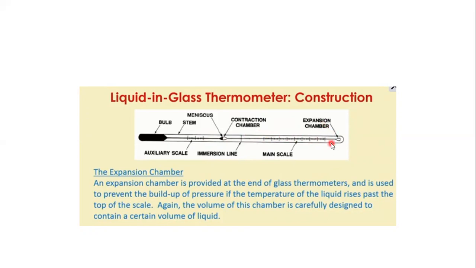When it increases up to this range, what happens? There is a tendency to break this glass tube due to higher pressure. So to prevent that build up or increase in pressure, we provide this expansion chamber. So it's a protection chamber for the thermometer from the increasing pressure of the liquid.